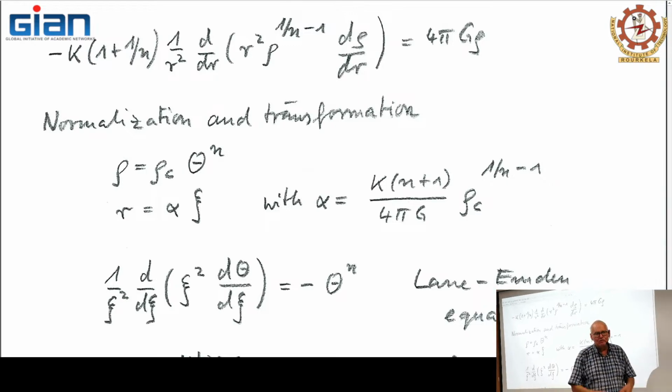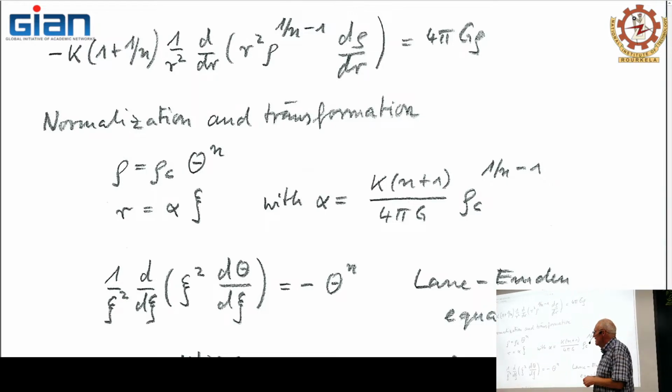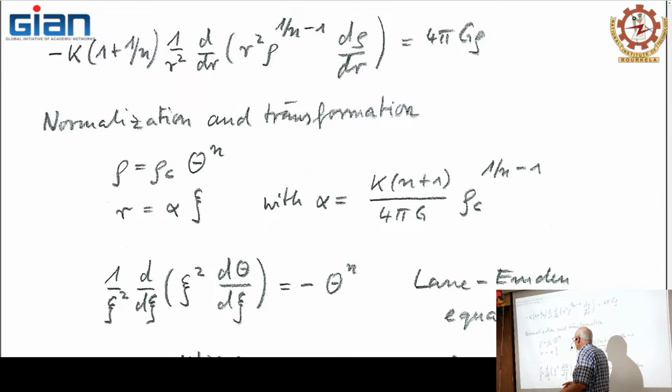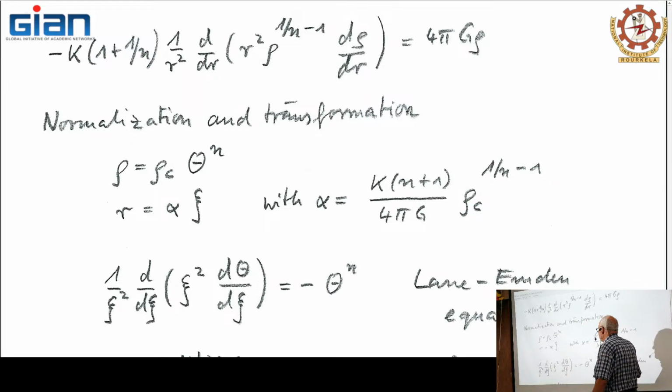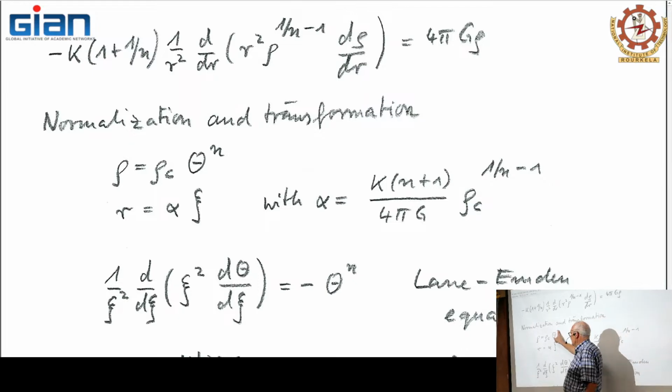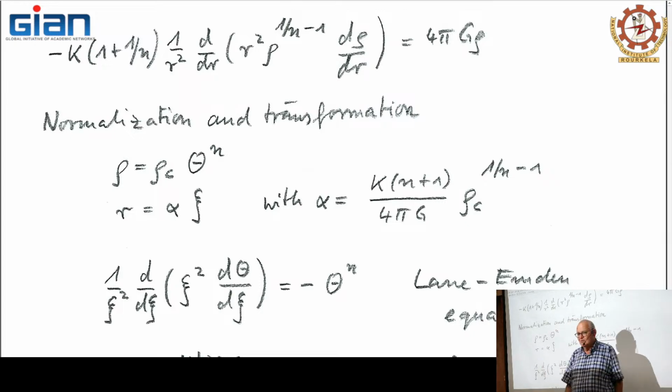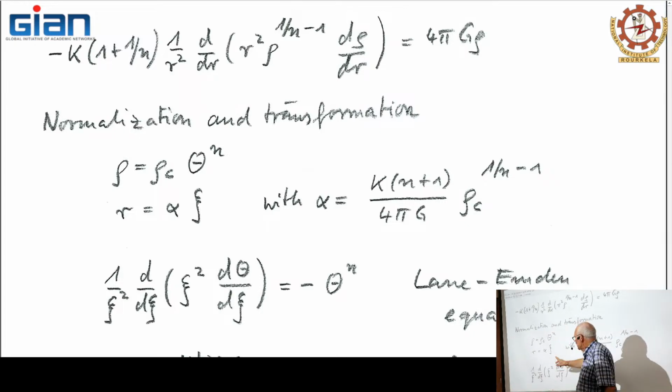The new variable is the quantity theta, and we write the density in terms of the central density. So we normalize the density with the central value times a function theta to the power n. So this is our new variable, theta to the power n, and the normalization of the density is done with the central density.